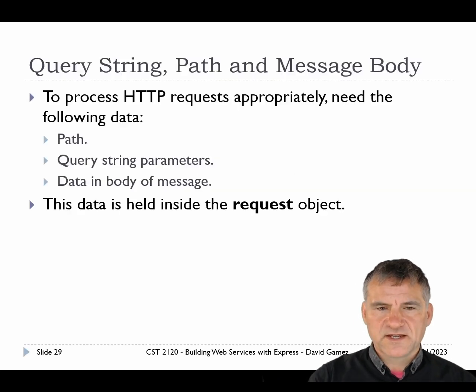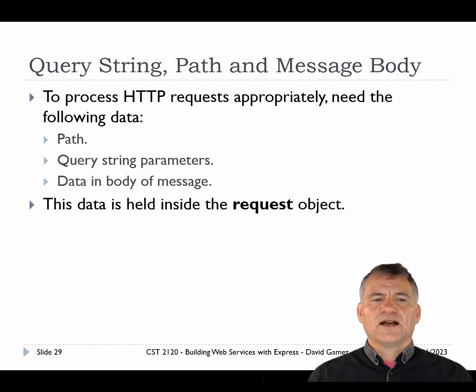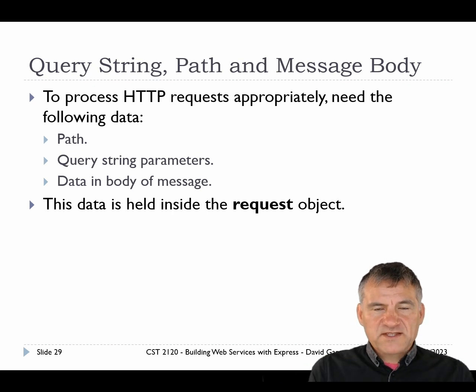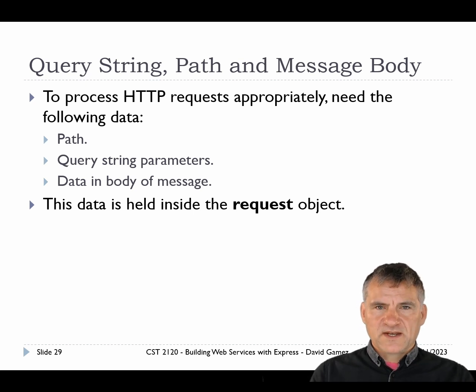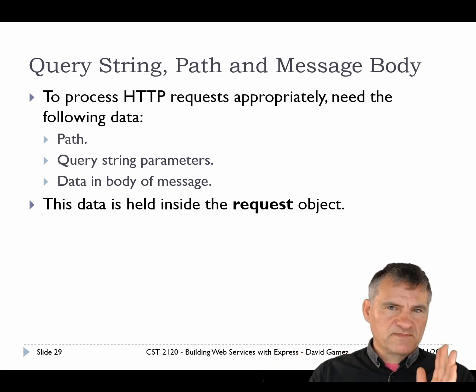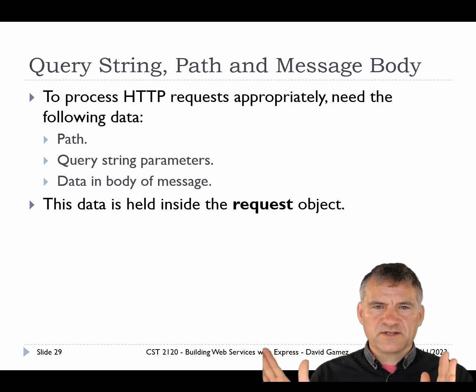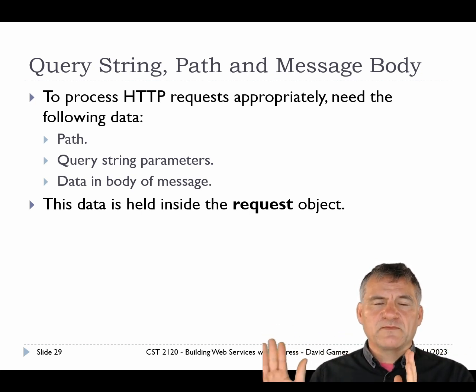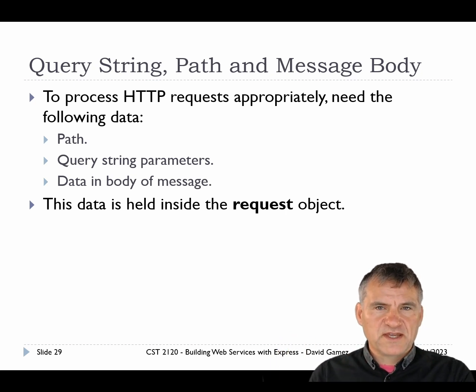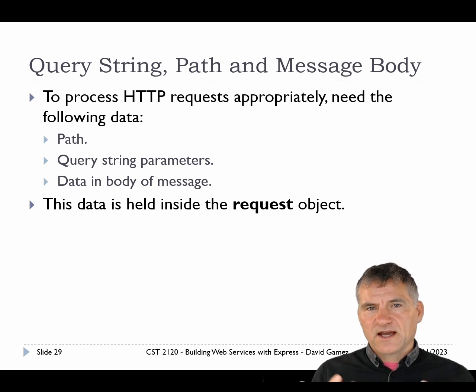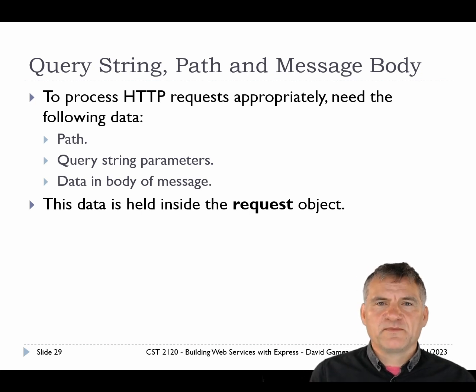Now the second thing we need to do is to handle this additional data that's being sent in an HTTP request. With an HTTP request, we might include a query string. We might specify a more complicated path, which we can handle using wildcards. And then with a post or put, we might put some data inside the message body that the server also has to use in order to process that request and send back the appropriate data to the client.